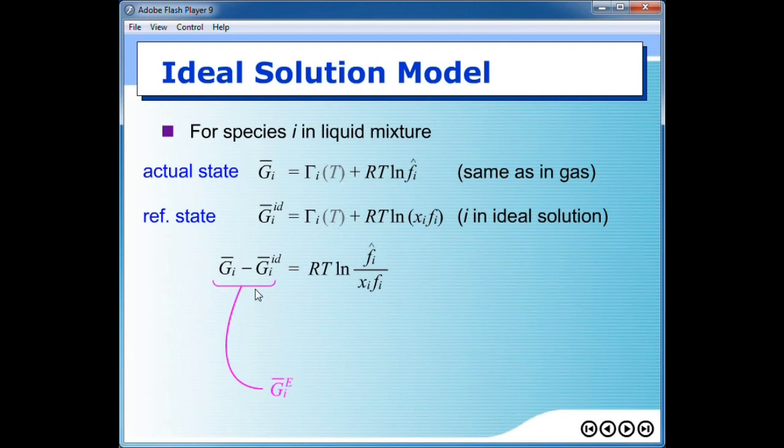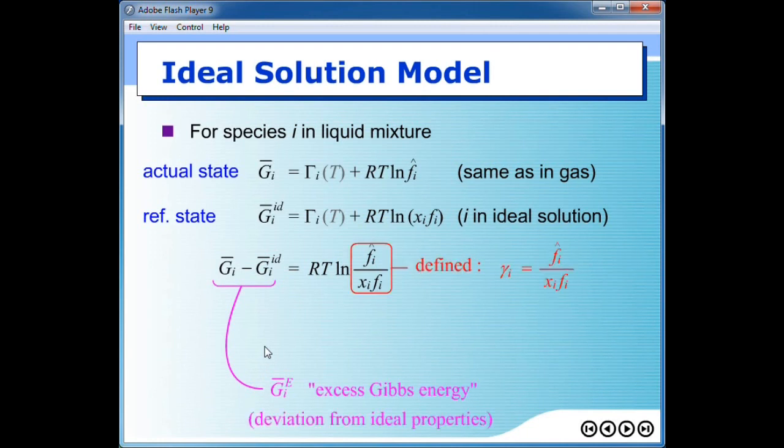The meaning is very similar to residual properties, but it is applicable to the liquid phase. On the right-hand side, this is defined as gamma, called the activity coefficient of species i in solution. So we can simplify the equation here to get the excess partial molar Gibbs free energy as a function of the activity coefficient of the same species.